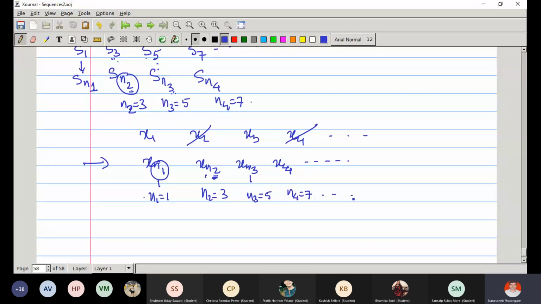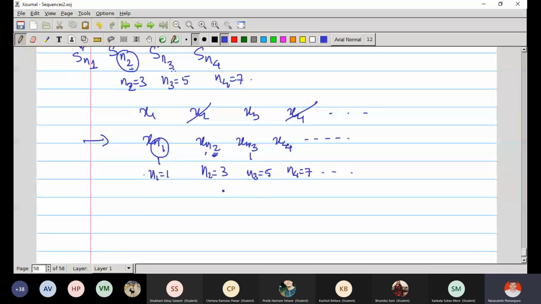Now you can understand the key. You can delete whatever terms you want. Whatever remains is a subsequence, and we need to worry about what the original position is and what the new position is. If you delete some terms, the terms get shifted to the left-hand side, and therefore their positions get shifted. Right. And therefore, n_k and k.